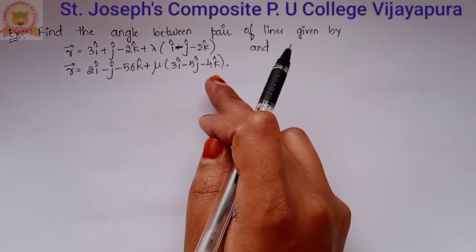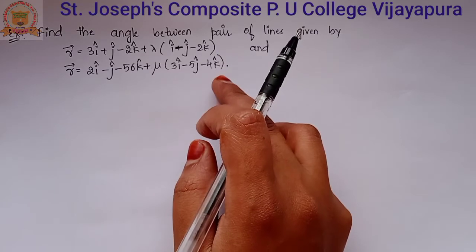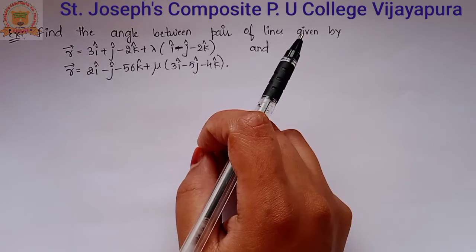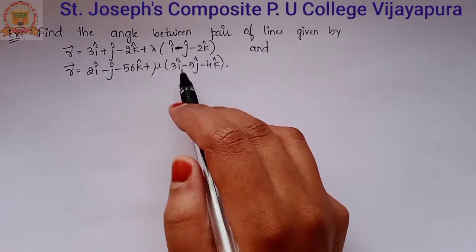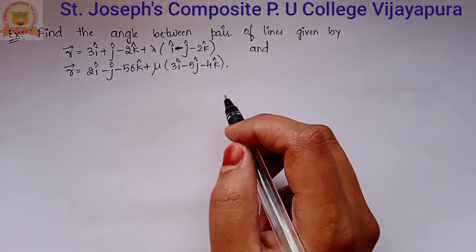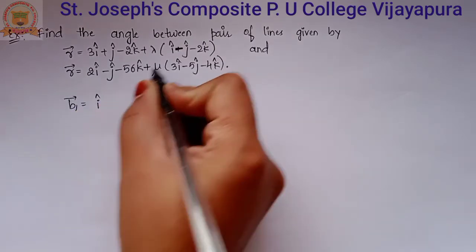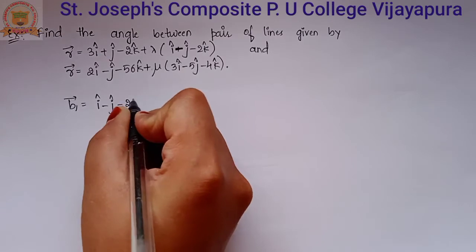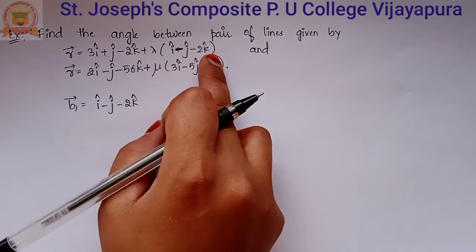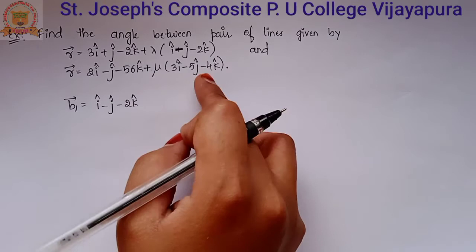Here the equations of the lines are given in vector form, and comparing these equations with the standard form of the equation of the line in vector form, we get the vector b1 equals i vector minus j vector minus 2k vector, because this is in the form of r vector equals a1 vector plus lambda b1 vector, and this one is r vector equals a2 vector plus mu b2 vector.